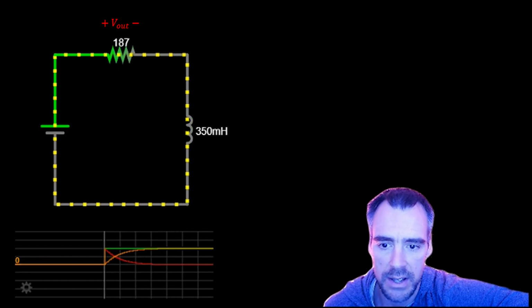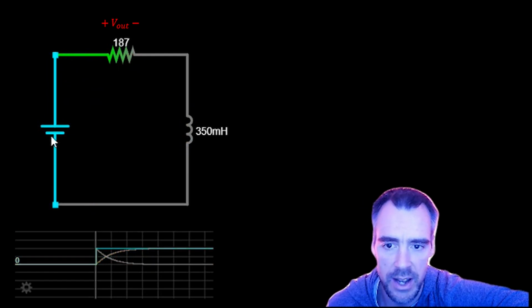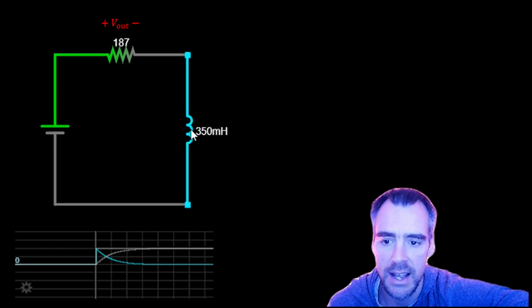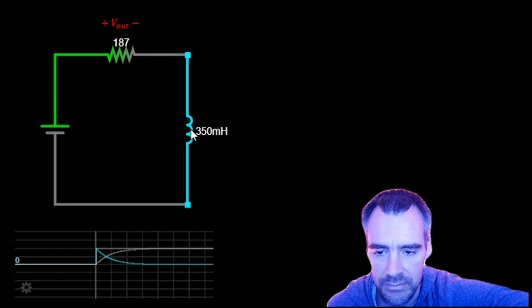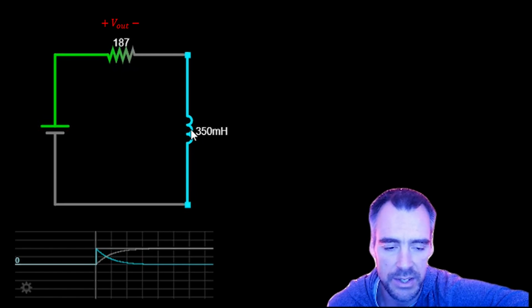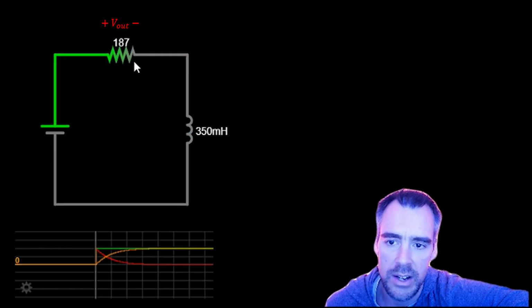Let me pause it here. In the cyan, this is our source, going from 0 to 5, and we recall that the voltage across the inductor mimics that source at 5 volts, trails off to 0, and holds there. So what's happening across this resistor?